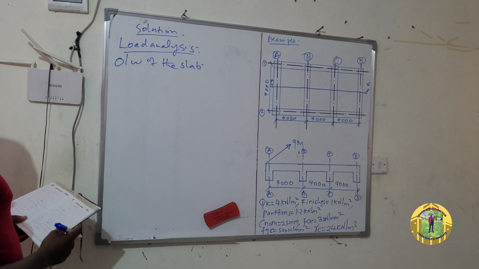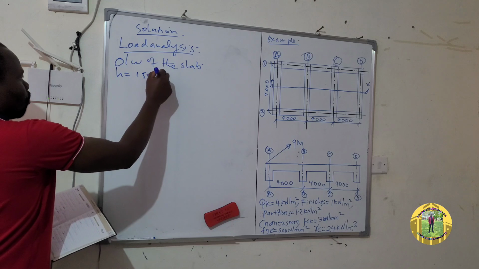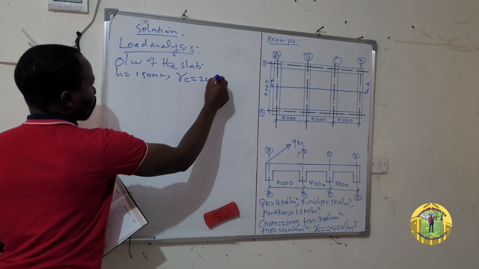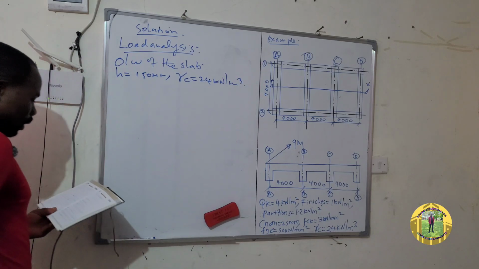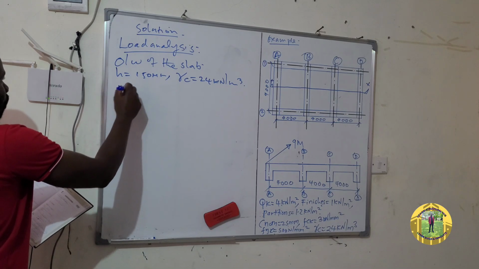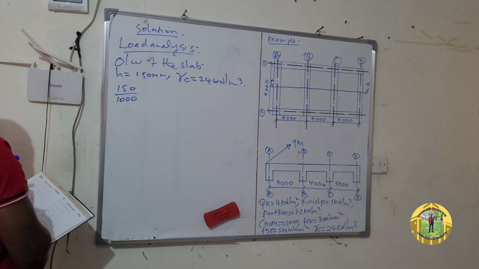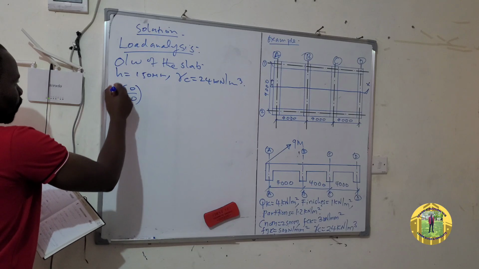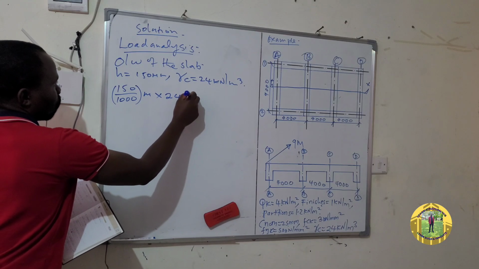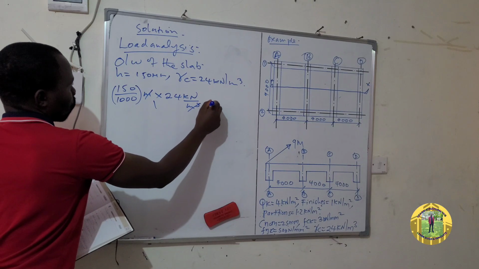To calculate the own weight of the slab, we will use our overall H, which is 150 millimeters, and the unit weight of concrete, which is 24 kilonewton per meter cubed. Therefore, take 150, change it to meters, so divide it by 1,000, then times the unit weight of concrete, which is 24 kilonewton per meter cubed.